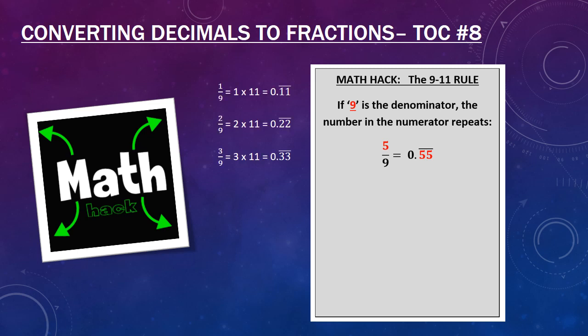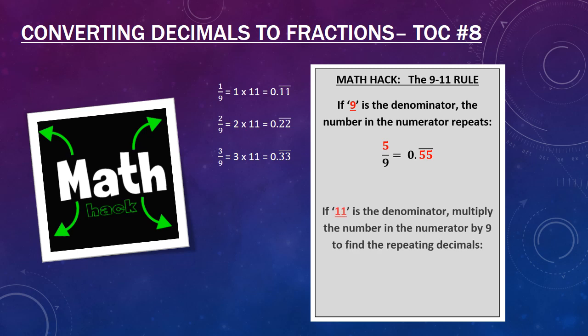So this is what it would look like. If I have 1 in my numerator, 1 times 11 is 11, 0.11111. 2 times 11, if 2 was my numerator, would give me 2 repeating. 3 times 11 gives me 3 repeating, and so on. However, if 11 is in the denominator, then you multiply the number in the numerator by 9 to find the repeating decimal.